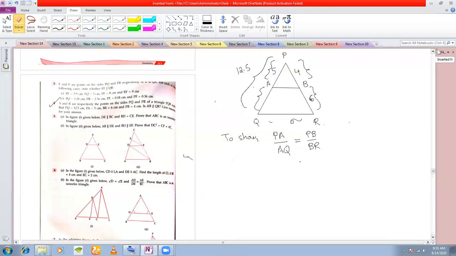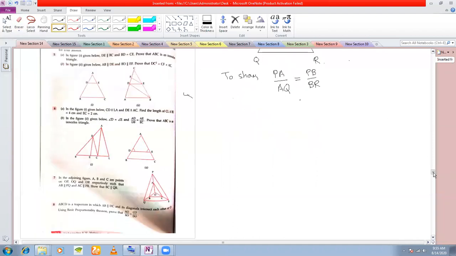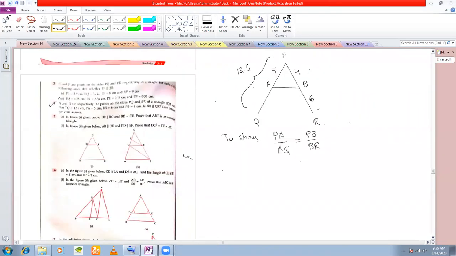First of all, let us calculate the lengths that are required. What is given to me here? These lengths are given to me. So PA is how much? PA is given to be 5.